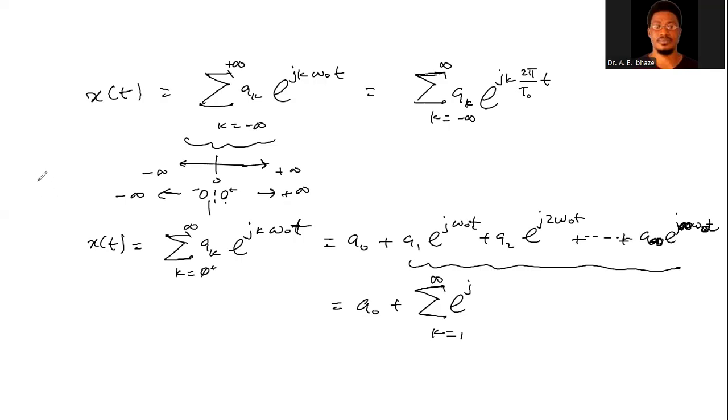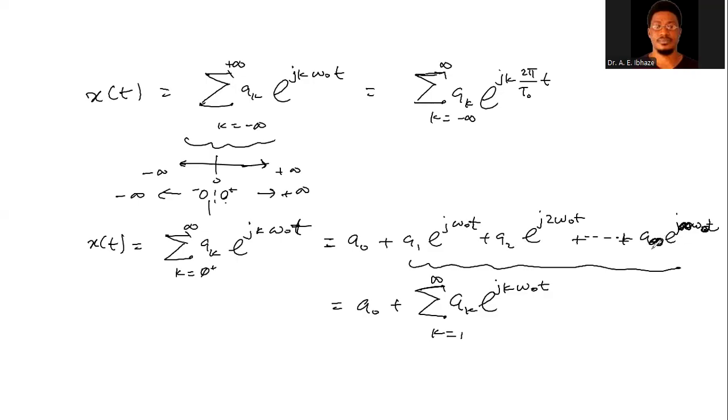the coefficient first, a sub k, epsilon j k omega naught t. So this is the same as this, for which k takes on values from 1 to infinity.